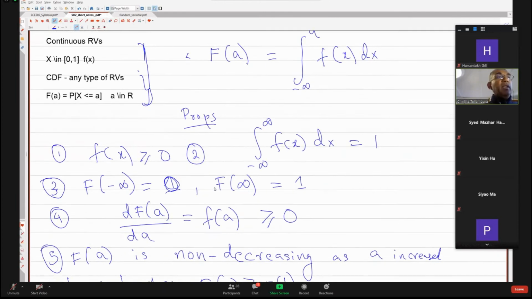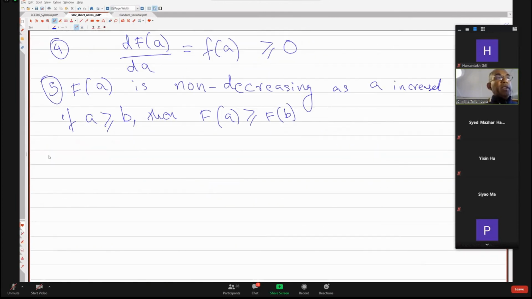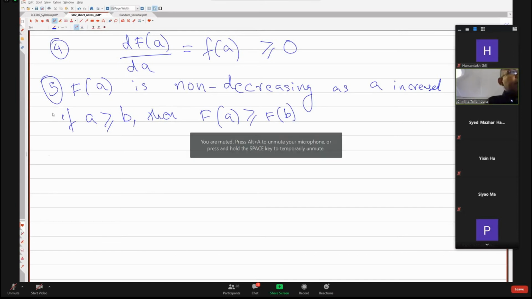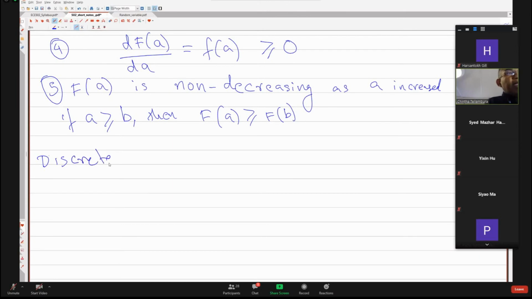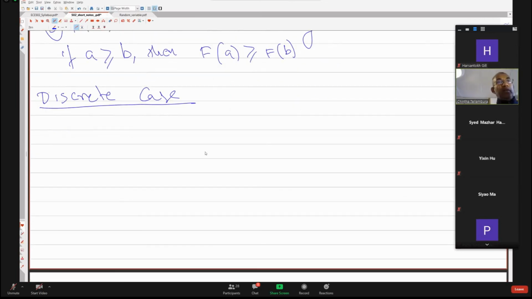So this is the discrete case, right? In this case, I cannot use conventional calculus.